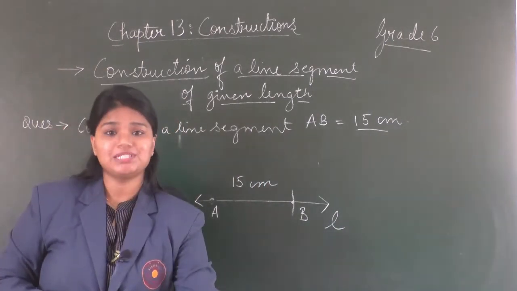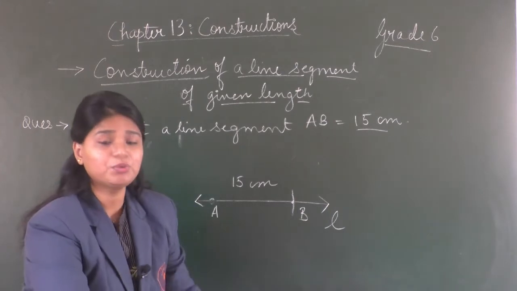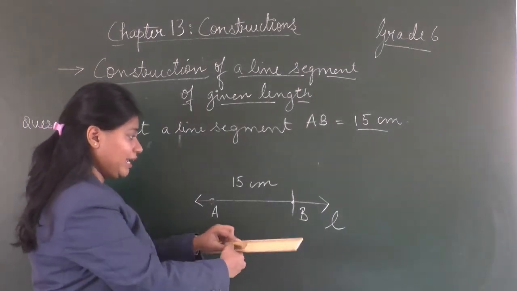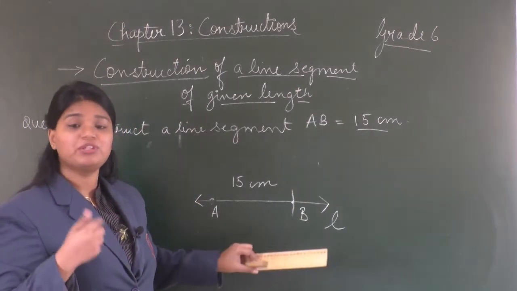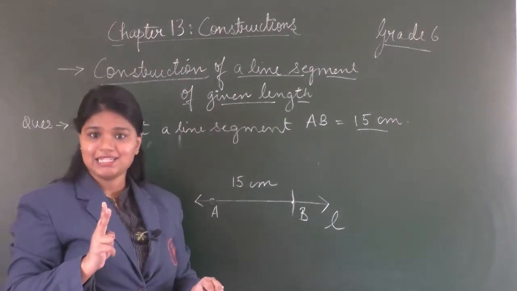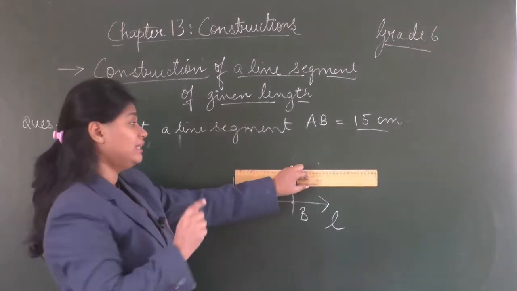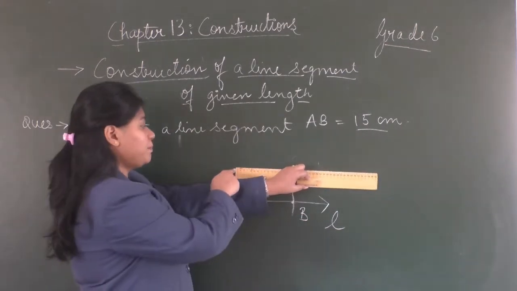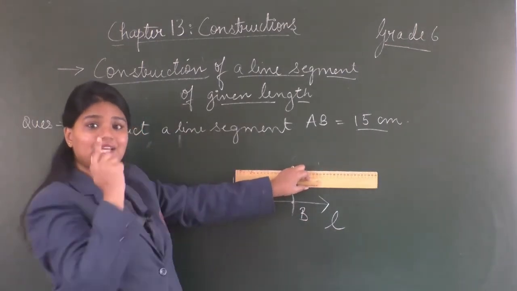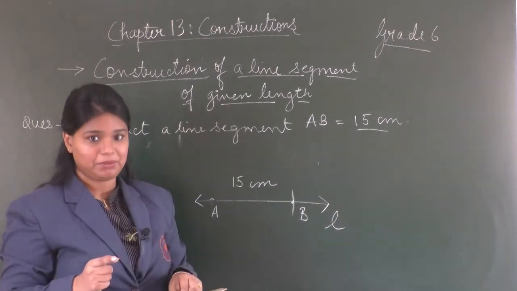First step, you will take the ruler and draw a straight line of any measurement more than 15 centimeter. Second step, you will take your compass, place the ruler on your notebook, then place the needle of the compass on 0, and the other arm should be on 15 centimeter.